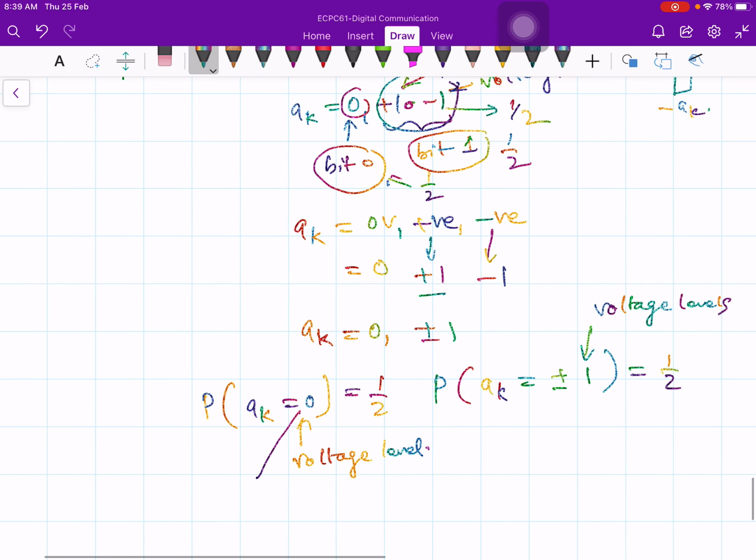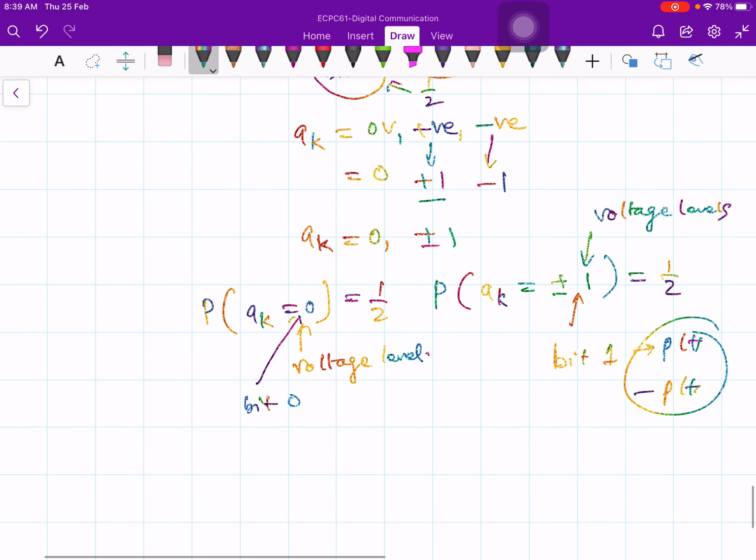So 0 volt indicates bit 0, and plus or minus 1 indicates bit 1. Why are we using plus or minus 1 here? Because bit 1 is represented by either plus P of t or minus P of t. That's what your DO binary coding scheme does.